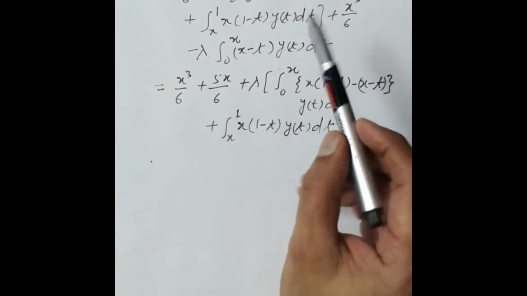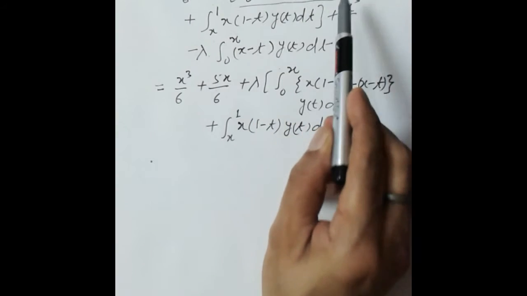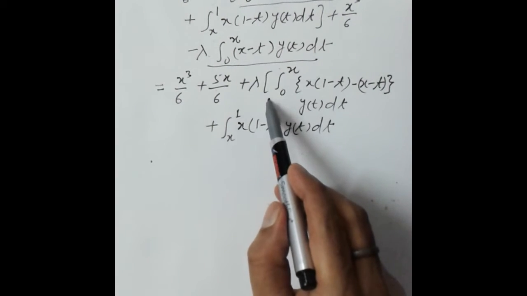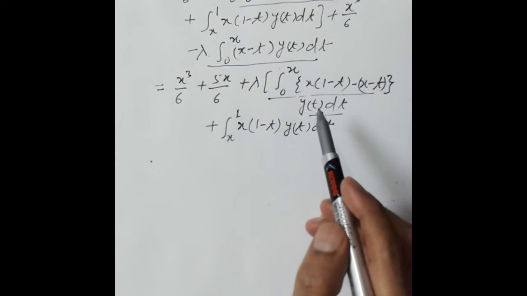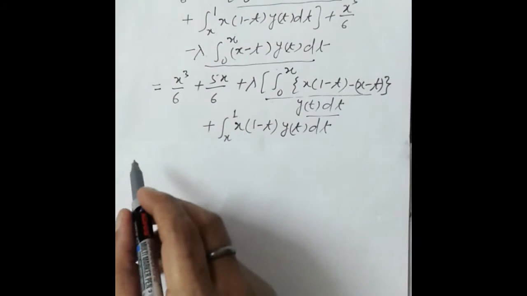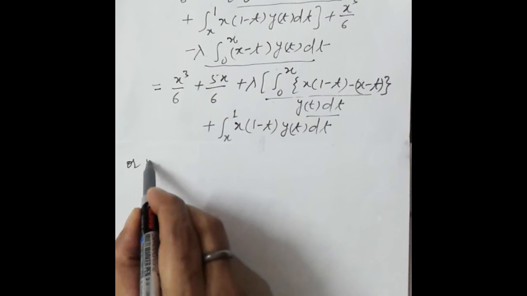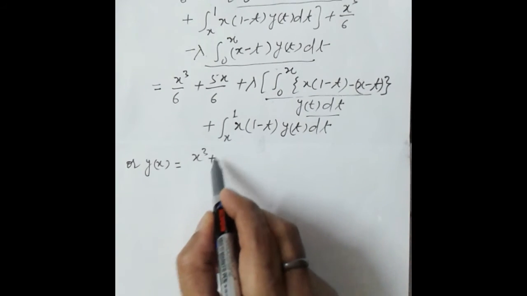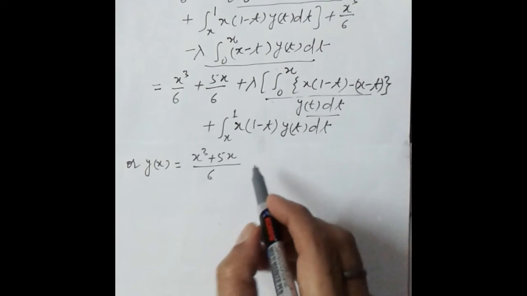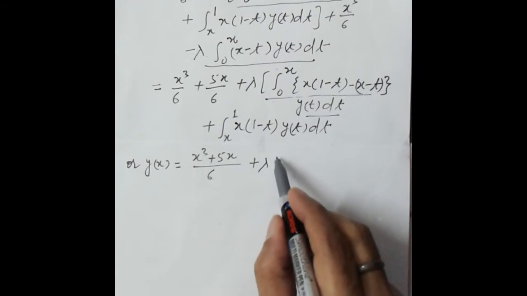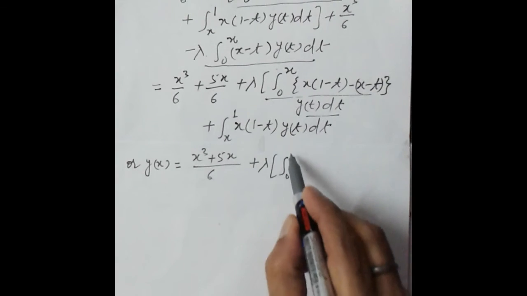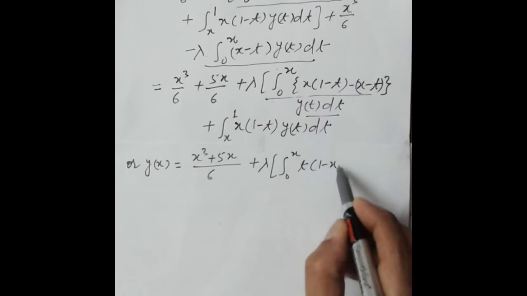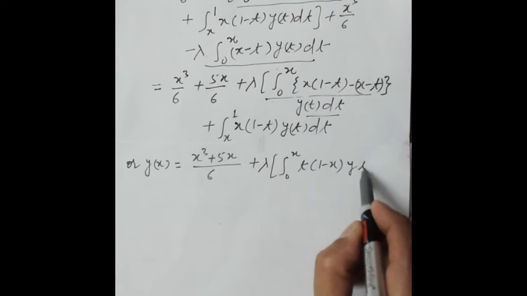Here combining these two integrals, we have this integral, or y(x) equal to x cube plus 5x by 6 plus lambda, the integral from 0 to x t into (1 minus x) y(t) dt.